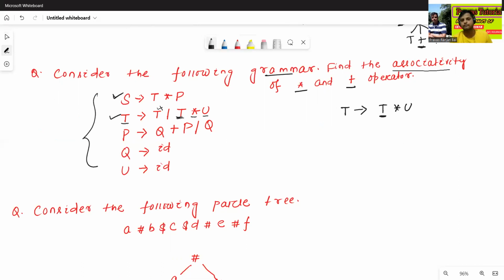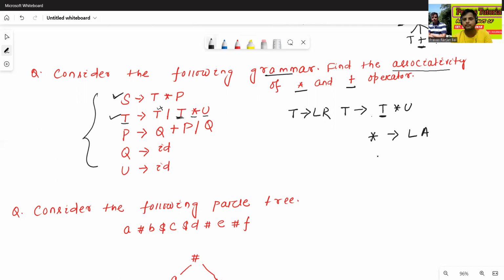Since T is left recursive, the star operator is left associative.